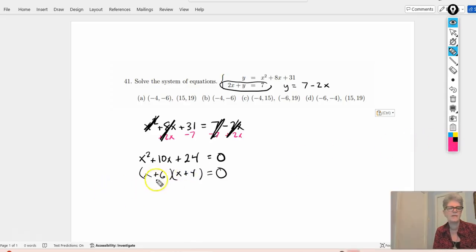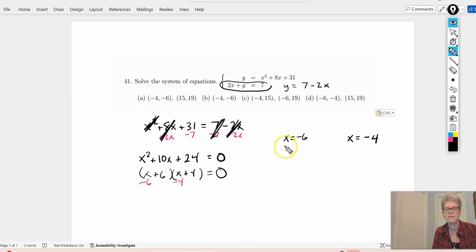And now I can see what the answers are. One solution has my x-coordinate being -6, sorry. And the other solution has my x-coordinate being -4.